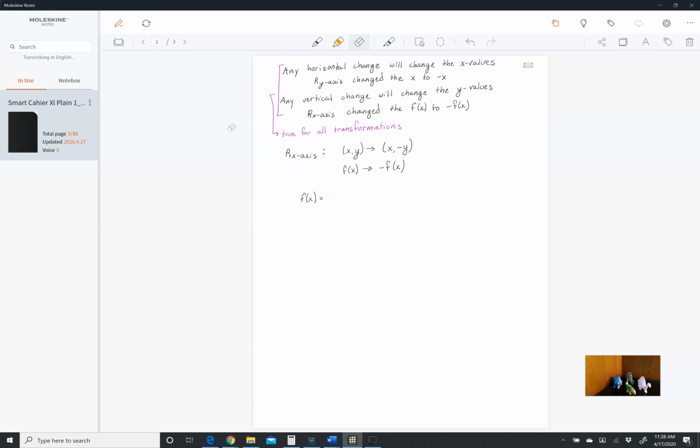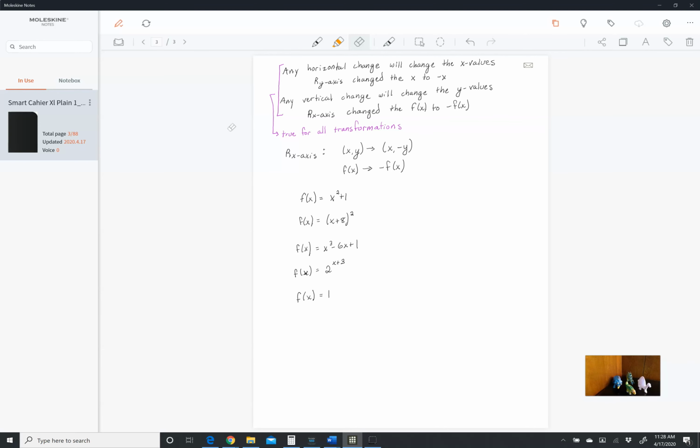So we had f of x equals x squared plus 1. F of x equals x plus 8 squared. F of x equals x cubed minus 6x plus 1. F of x equals 2 to the x plus 3. And notice again, we're doing all sorts of functions.